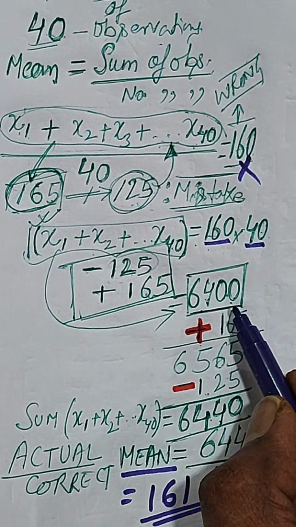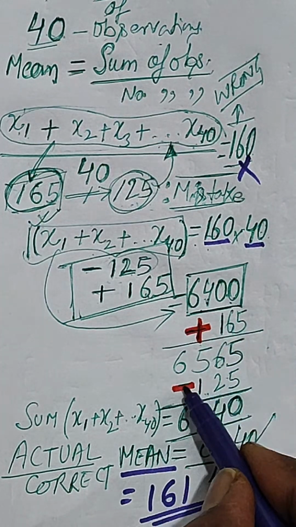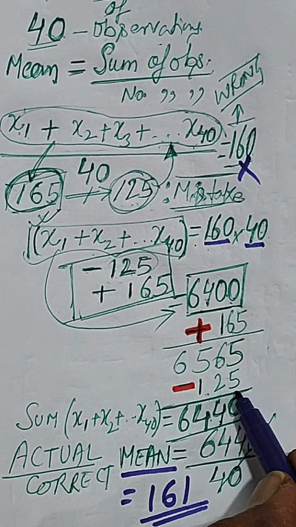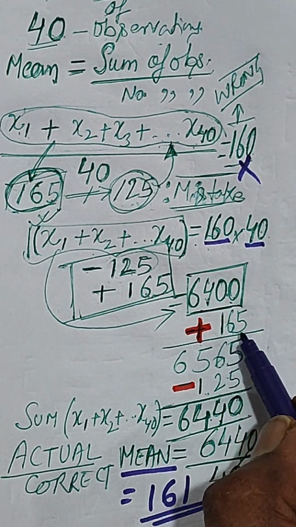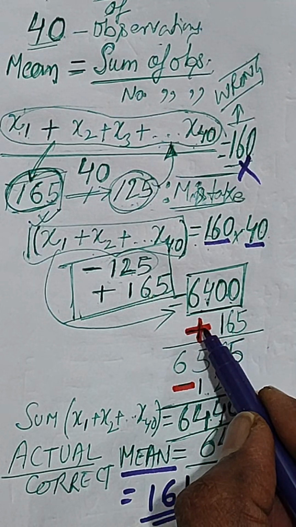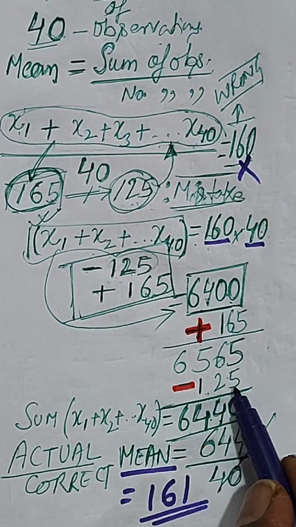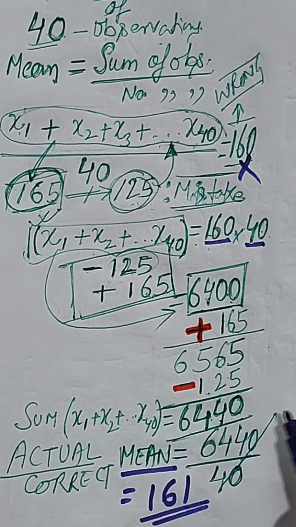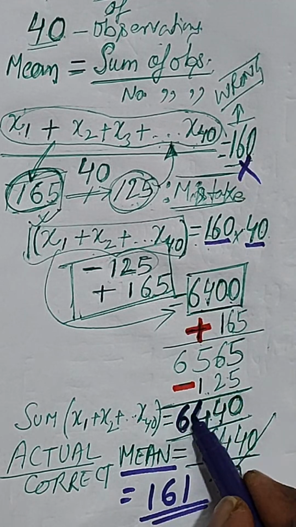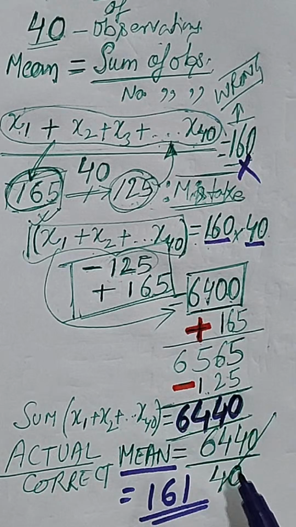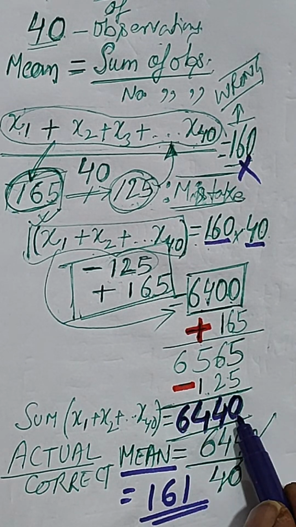From 6400, subtract the wrong data which is considered, and insert the right data. So the right data is 165 which is added, the wrong data is 160 which is subtracted. So the final sum of the observations which we got is 6440. So this is the sum of observations.